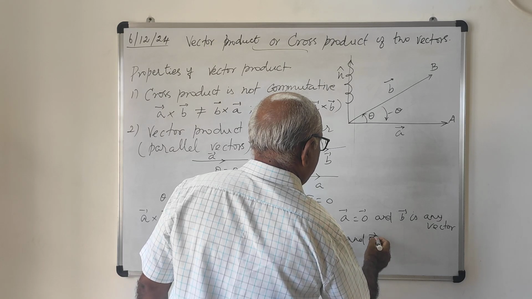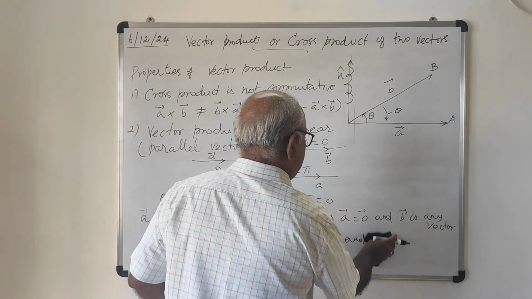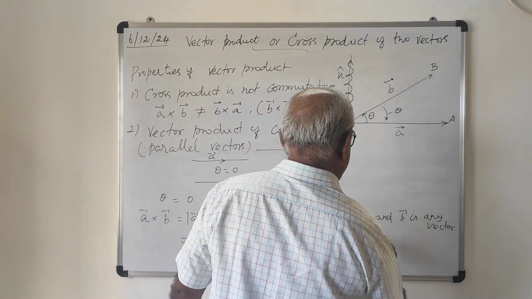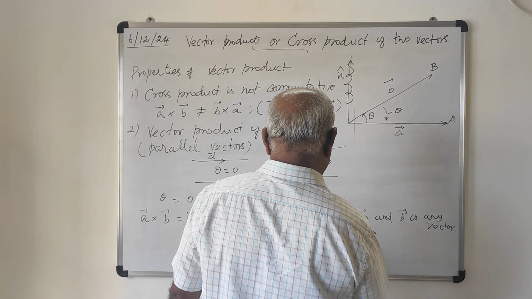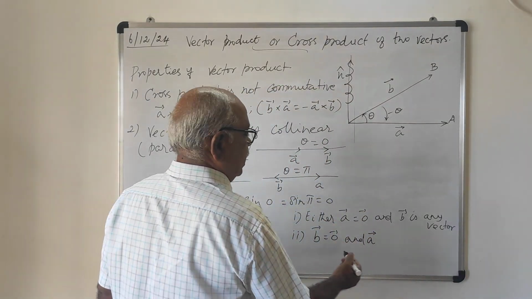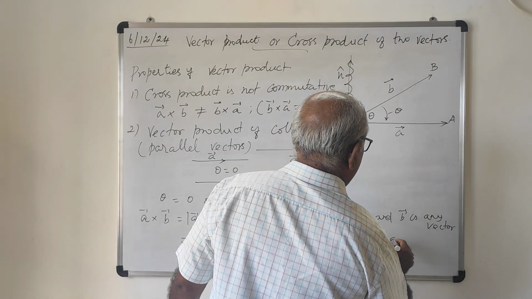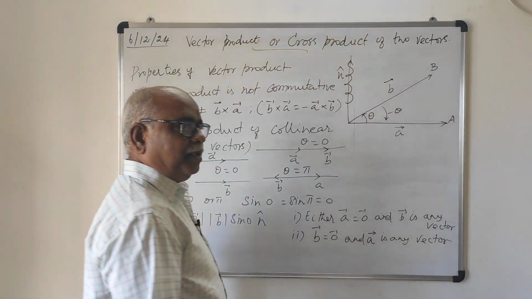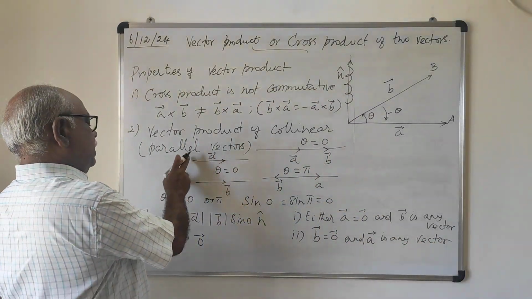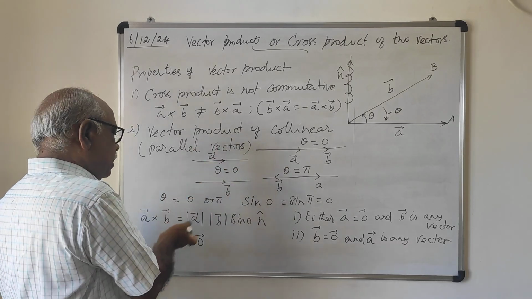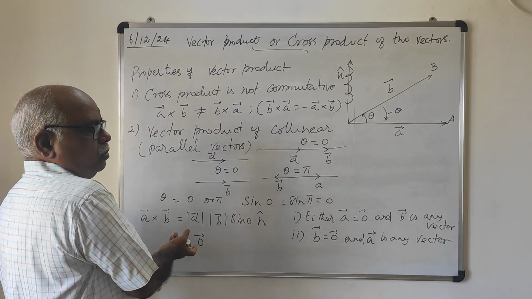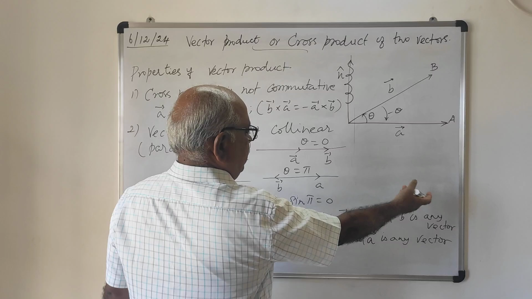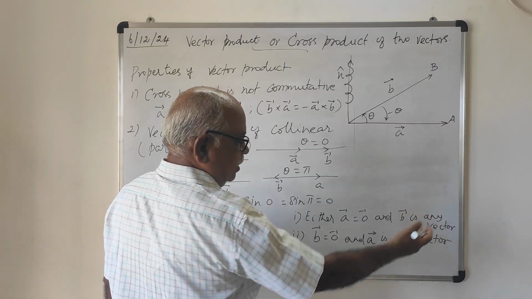Either B is 0 or A is 0. Three cases arise when A cross B is 0.